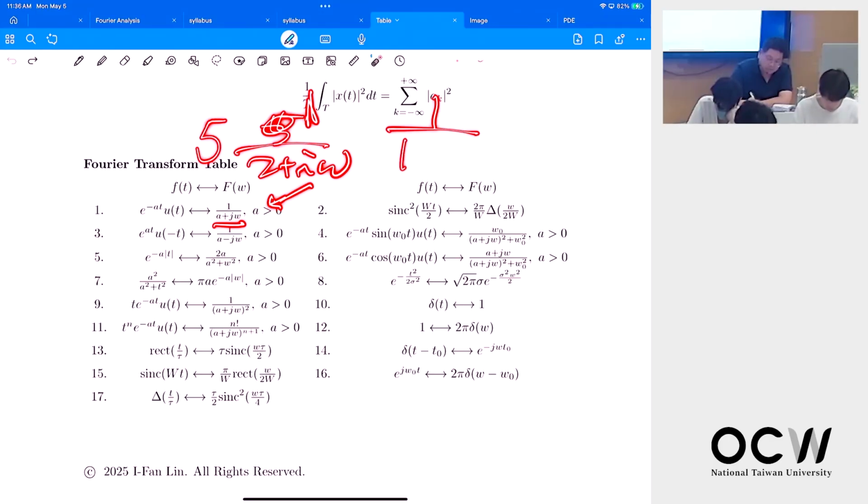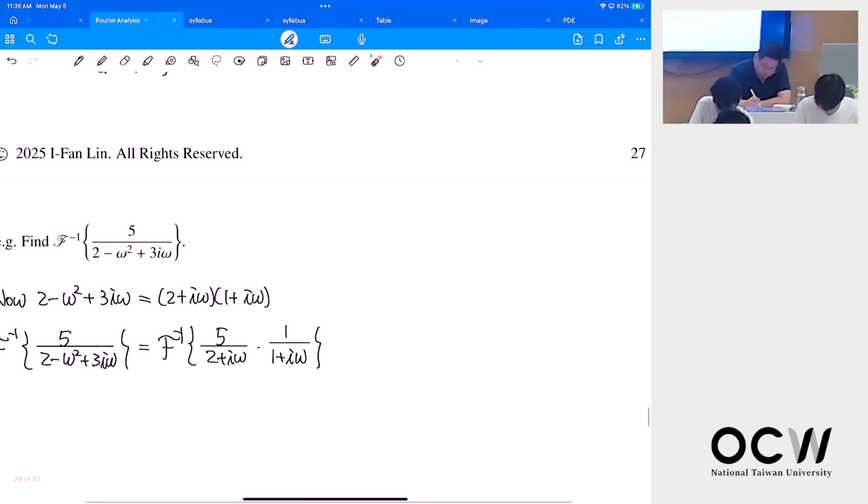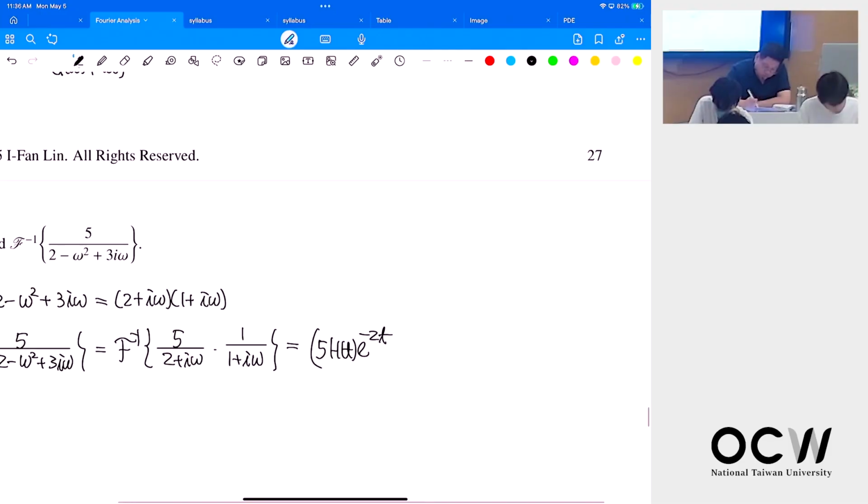And also 1 divided by 1 plus i omega. Now the A is 1. Okay, so I should have this function in time domain. That will be 5 times Heaviside function e to the minus 2t, and also Heaviside function times e to the minus t. In time domain, they will do the convolution.